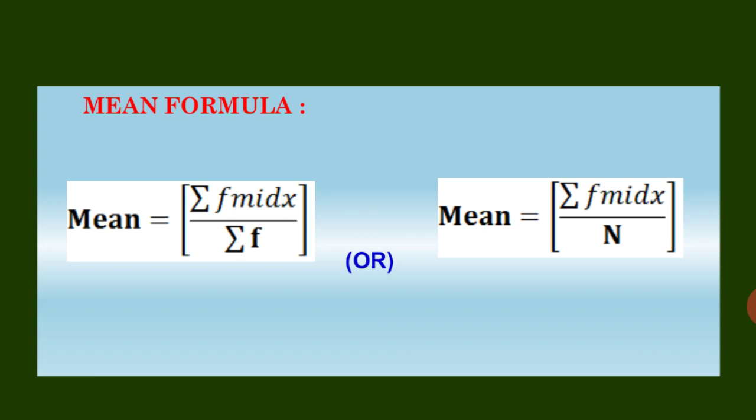Or you can use mean equals summation of f into mid x divided by capital N. Here capital N is the sum of all the frequency values. Mid x means the middle value of the class interval, and f is the frequency. We use these terms to calculate our mean.